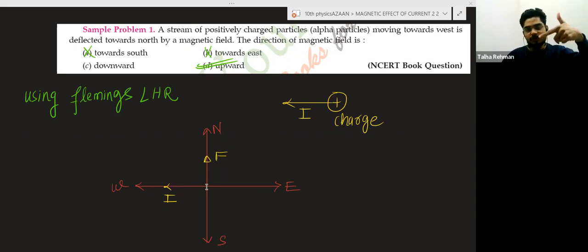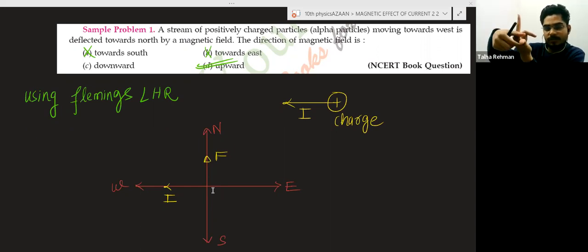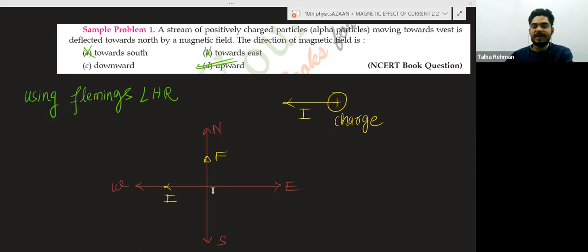Thumb should be in the direction of the force, and the central finger should be in the direction of the current, like this. So you will get the direction of the magnetic field. See, upward direction you are getting. Thumb towards force, middle finger towards the current, and this is representing the direction of the magnetic field. So magnetic field direction will be upward.